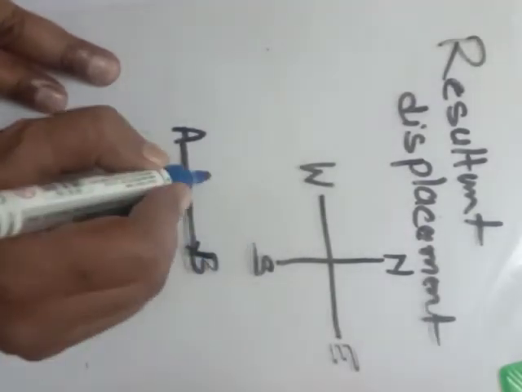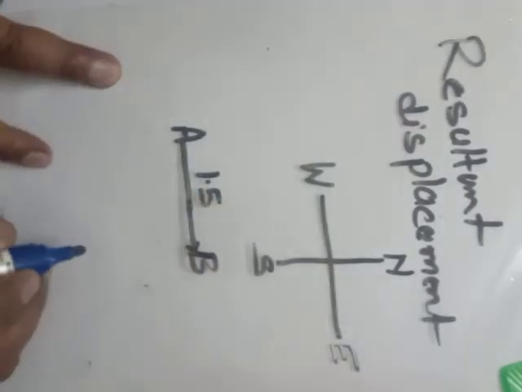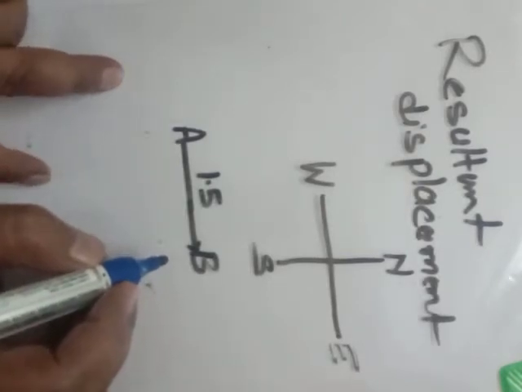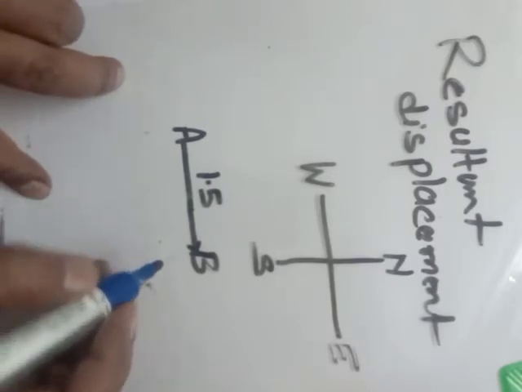This is point B, 1.5. After moving east, he moves 2 meter towards south.